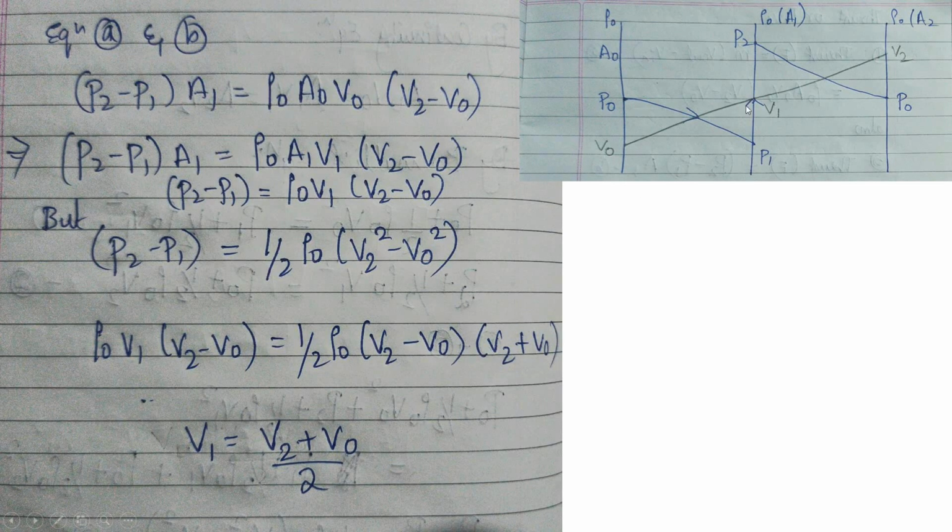So V1 at this point is given by V2 plus V0 divided by 2, which is an important result here.